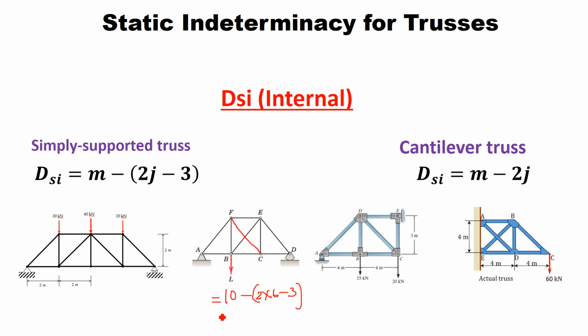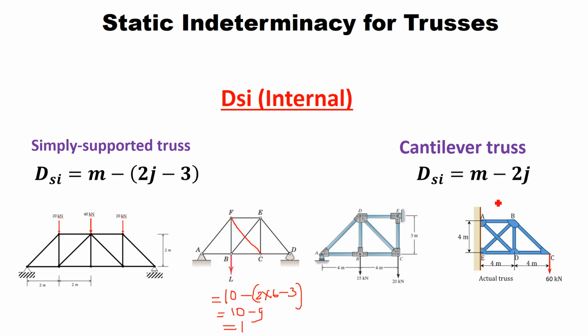So if you calculate DSI of this, it is 10 minus 9. So the answer is 1. It means this type of truss with this diagonal element is internally indeterminate by one unknown, and that unknown is nothing but the force in that member. Okay, so this is the internal indeterminacy of a truss.